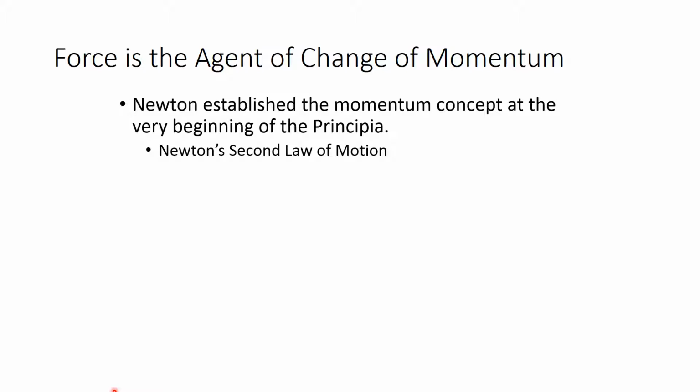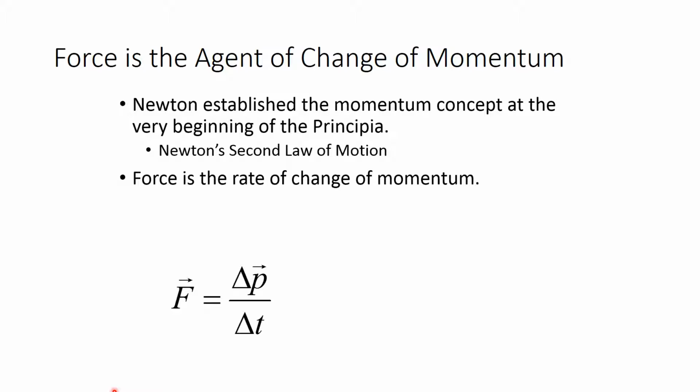It gives us Newton's second law of motion in the way that Newton himself formulated the second law, which is that force is the rate of change of momentum. This F is delta P over delta T, which gives us an average force exerted over time. And we can also look at this as an instantaneous rate of change.